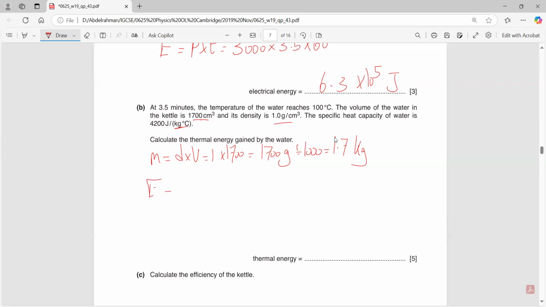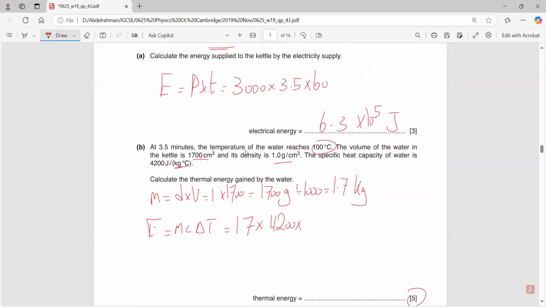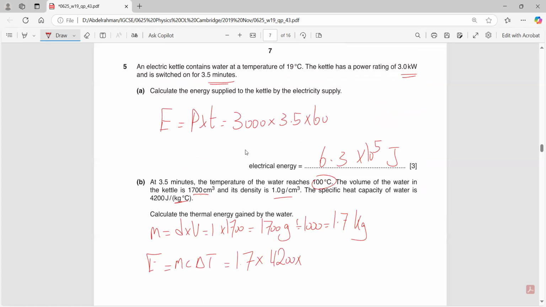So E equals mc delta T. 5 marks is a lot. That's why you need to write down a lot in this question. mc delta T, so 1.7 times 4,200 times delta T, the change in temperature. Is it 100 degrees Celsius? No. It was initially 19 degrees Celsius and it reached 100 degrees Celsius.